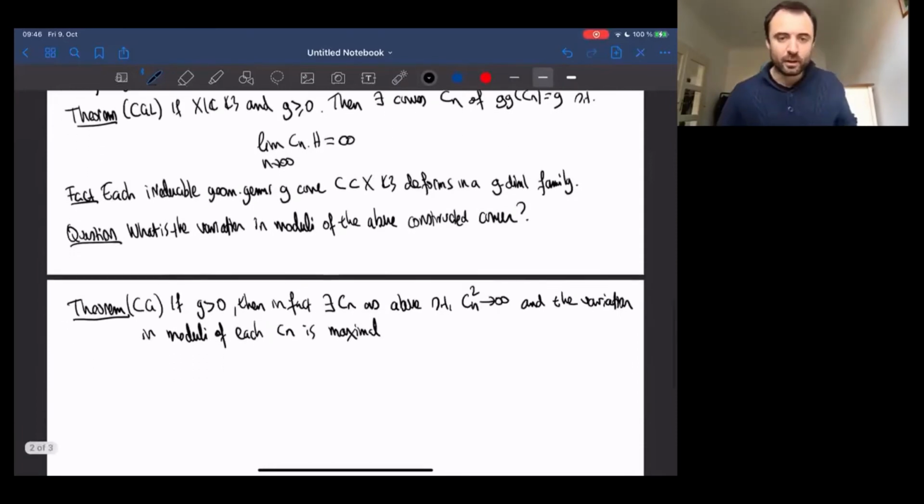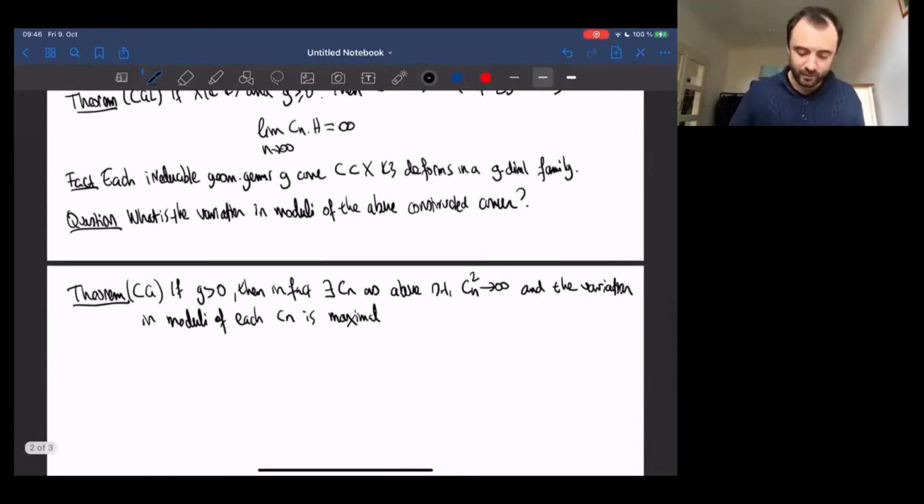Okay, so let me give you a very brief proof. Basically, to prove this, we assume that the K3 has infinitely many rational curves. So I wrote here that the genus is at least 0, so we don't know whether we can find curves of arbitrary arithmetic genus but geometric genus 0 on the K3.